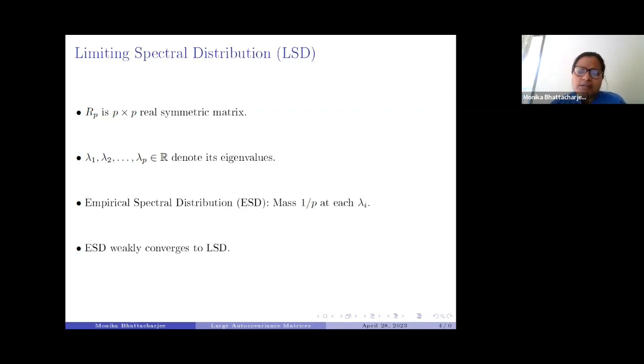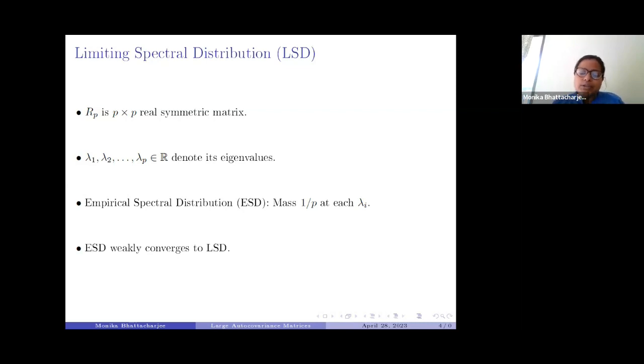So this is the definition of limiting spectral distribution. For example, if we have the identity matrix, all its eigenvalues are 1, so its ESD is degenerate at 1, and therefore its LSD will also be degenerate at 1. Now suppose we have a diagonal matrix which has 1 and -1 alternately. Then we'll have approximately half the mass, half plus or minus o(1) amount of mass, at plus 1, and the same at -1.